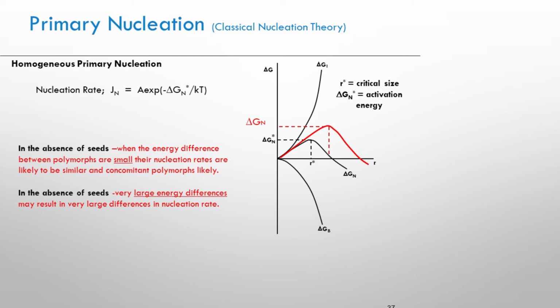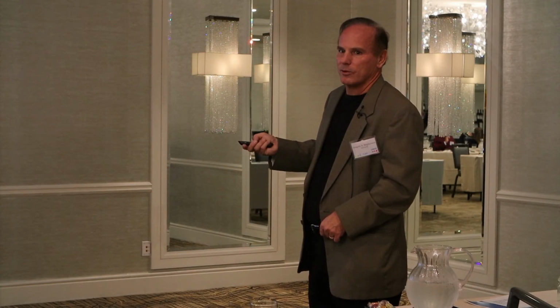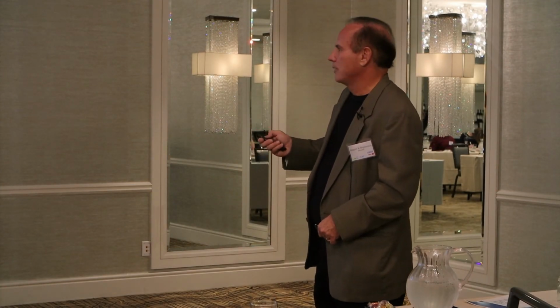And so your metastable forms tend to nucleate at a faster rate than your stable crystalline forms. So in the end, in the absence of seeds, when the energy differences between polymorphs are small, their nucleation rates are likely to be similar, and concomitant polymorphs more likely. In the absence of seeds, very large energy differences may result in very large differences in nucleation rates.